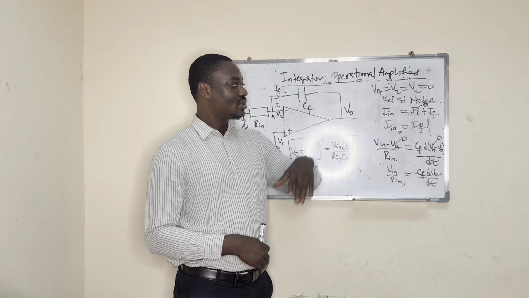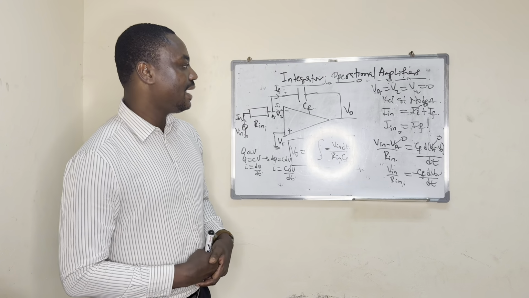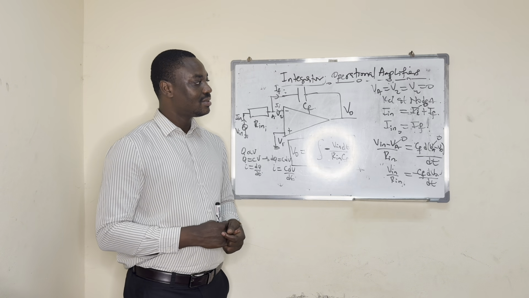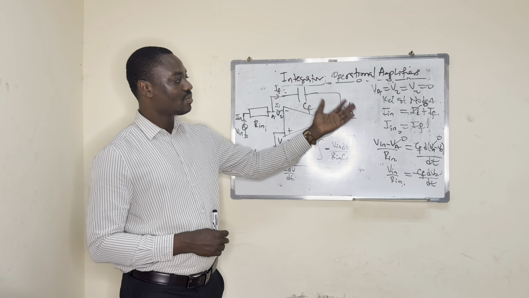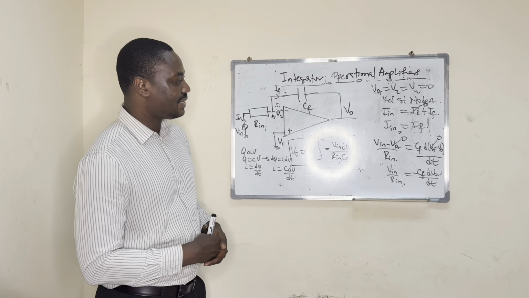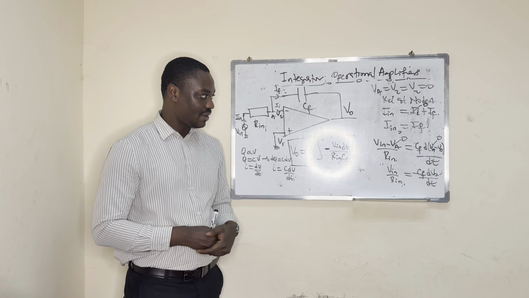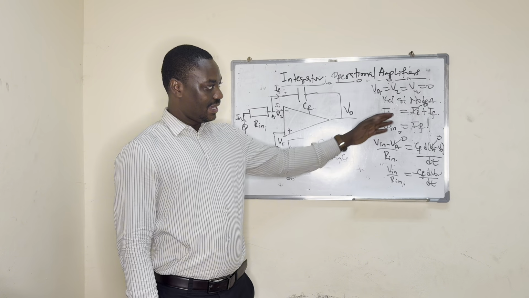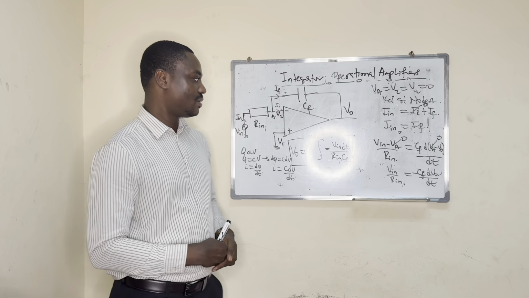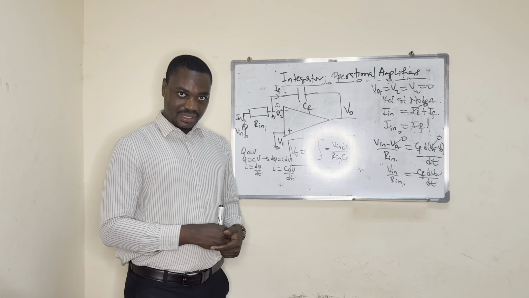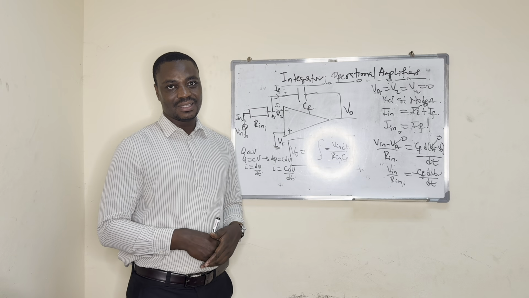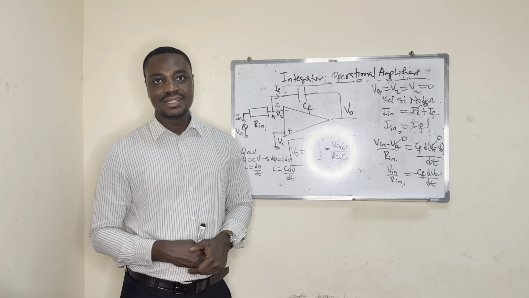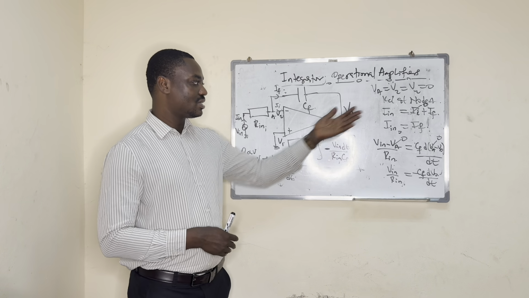Then we apply Kirchhoff's current law at node A. We get the same equation as we did under the inverting operation, but we get I in equals I plus IF, and I here equals 0 because we are dealing with an operational amplifier with infinite open loop voltage gain, which means the differential voltage equals 0.